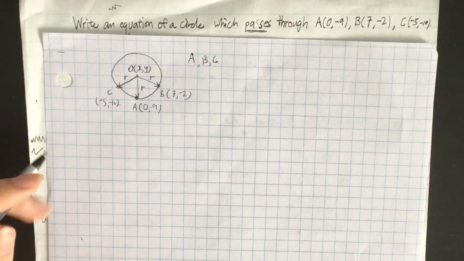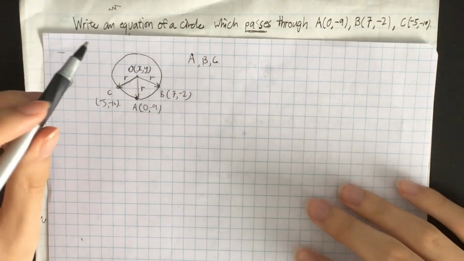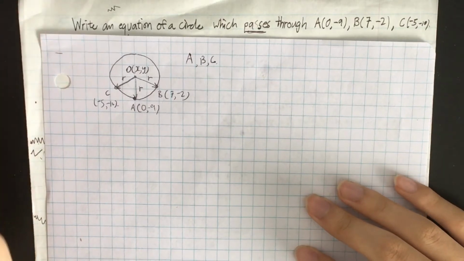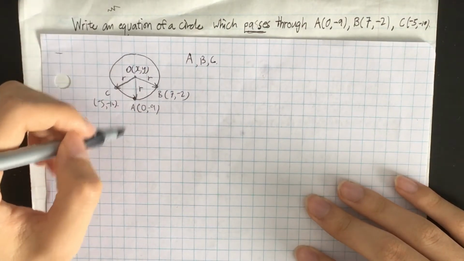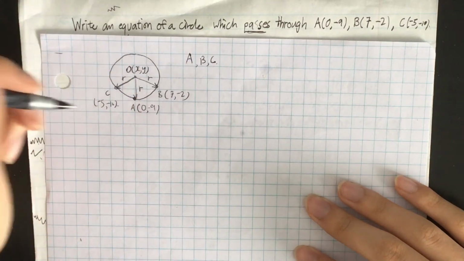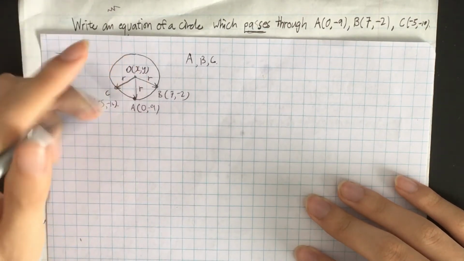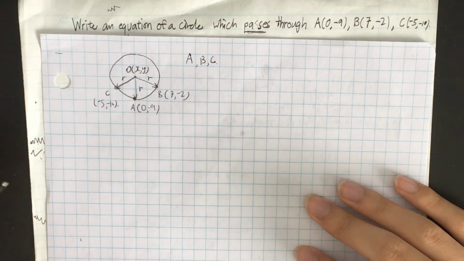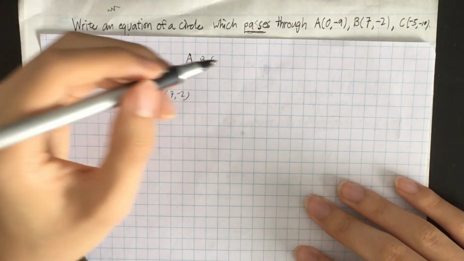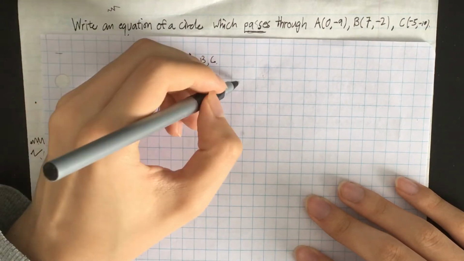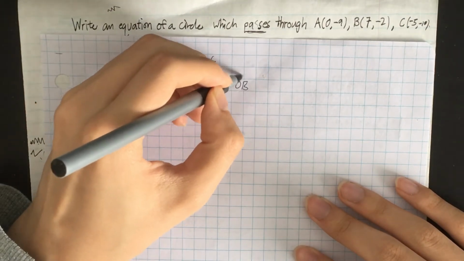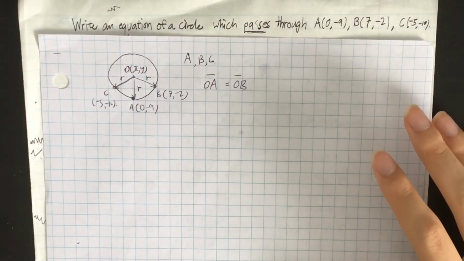So what we're going to do, we're gonna form a relationship between A and B. Well, we know that each of these points are equal, so therefore we're gonna use line OA is equal to line OB. Okay, so far so good.